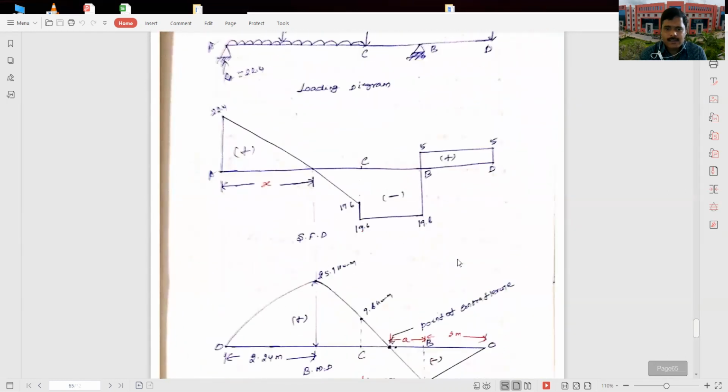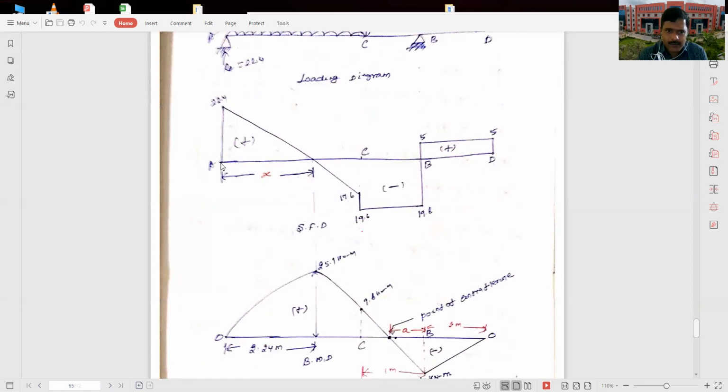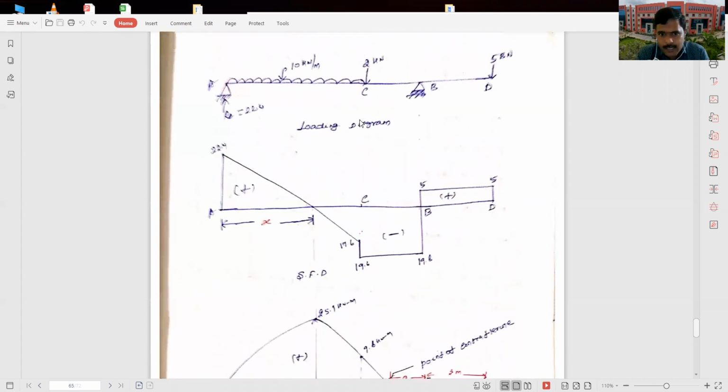So here you can see at A point plus 22.4. Then at C point, it's a UDL, so it is like this triangle. And at point C, you will get minus 17.6, so it is downward, minus 17.6. After that, at point C, how much load is acting?